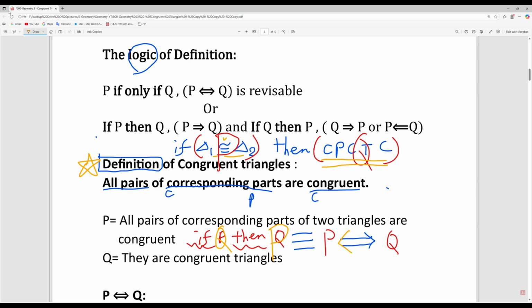Okay, so you can read it as P if and only if Q. When you have two ways, it means it's reversible, and we call this if and only if. Some books say if and only if. So there's a symbol for if and only if. And if and only if means two parts: one direction and the other direction. Okay, if P then Q, or if Q then P.